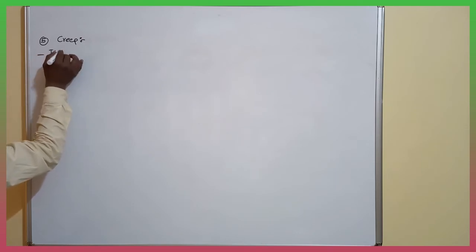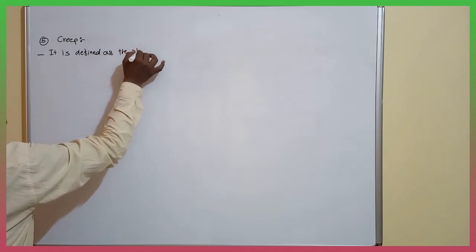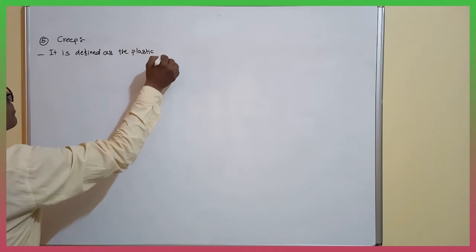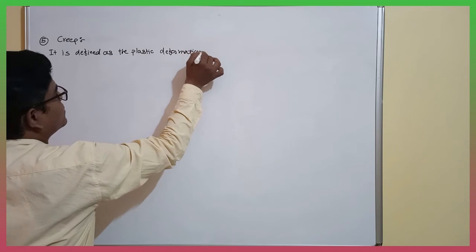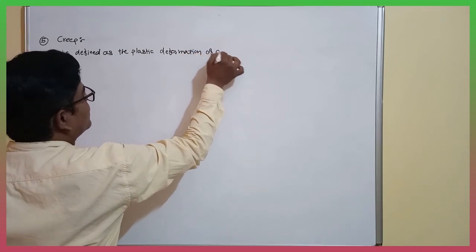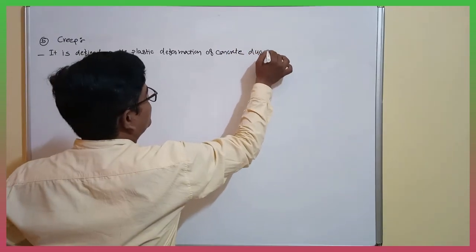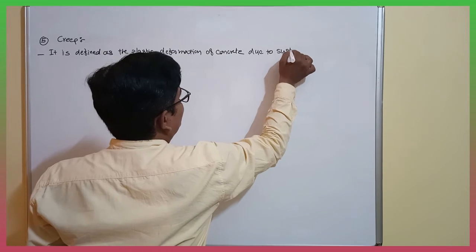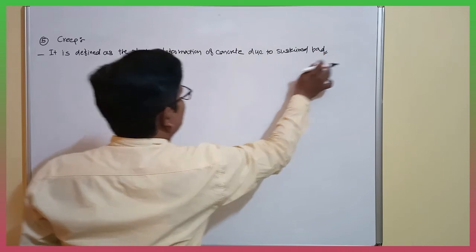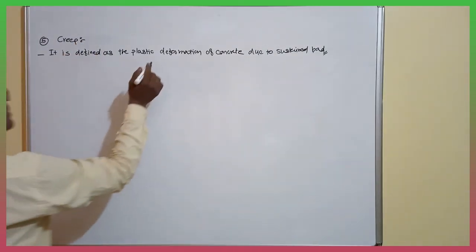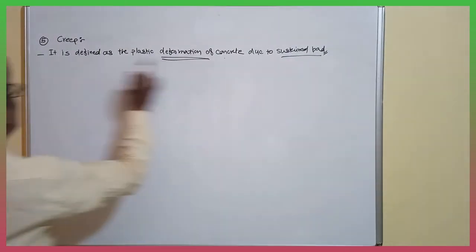So it is defined as the plastic deformation of concrete due to sustained load, that is called as the creep. Means the deformation produced in the concrete due to the sustained load is called as the creep.